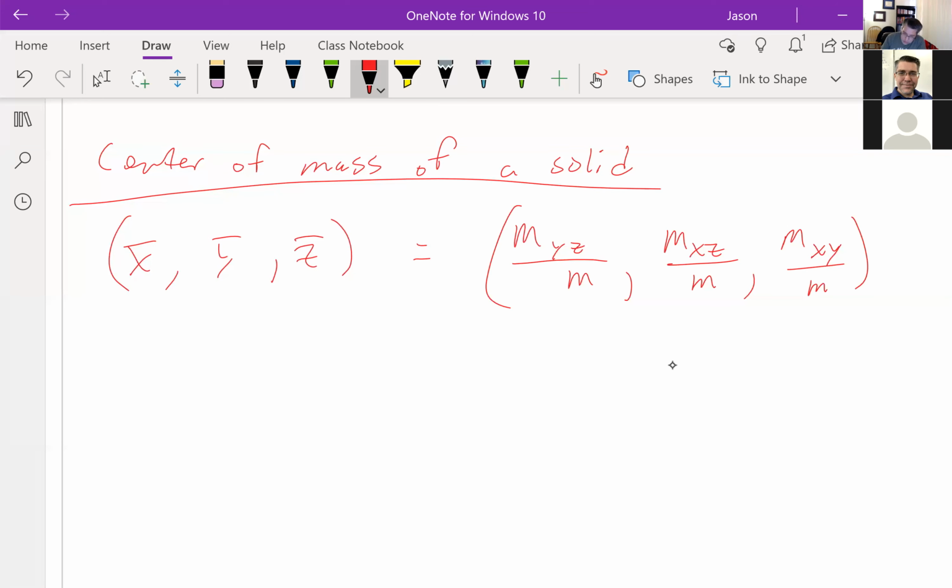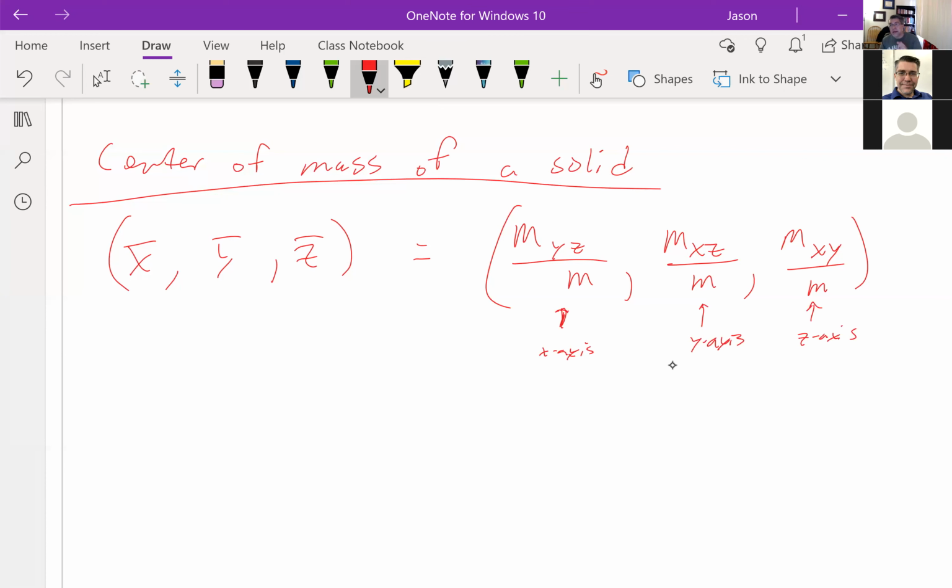So we have those moments. This is the moment about the x-axis, this is the moment about the y-axis, and this is the moment about the z-axis.